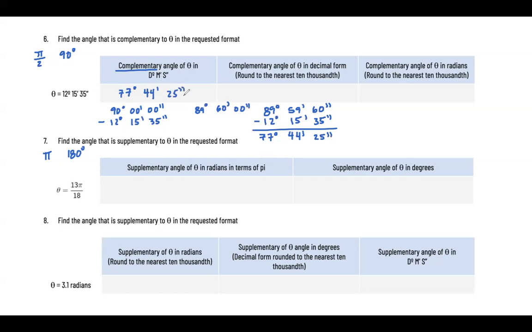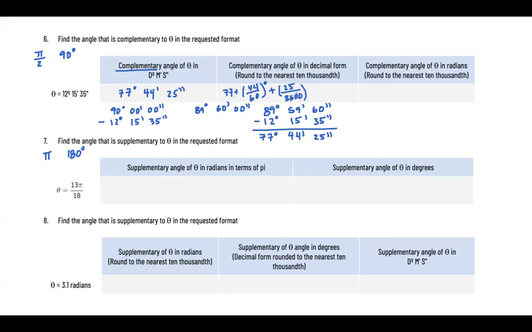Now, if you want to turn that angle into decimal form, you would need to write down 77 plus 44 divided by 60 plus 25 divided by 3600. So let's find the value.